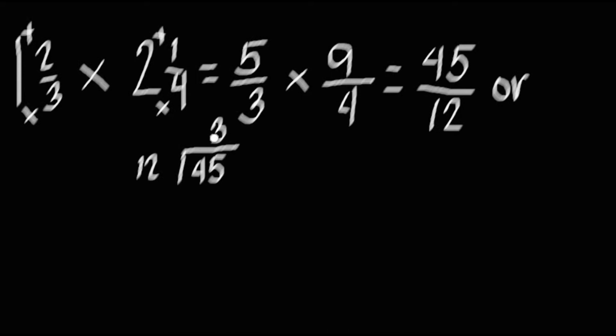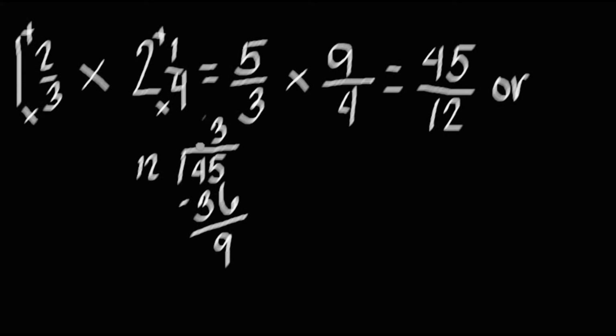Yes, there are 3 12s in 45. 3 times 12 is 36. Now we subtract. The difference of 45 and 36 is 9.